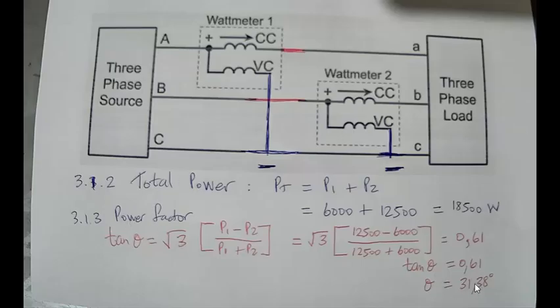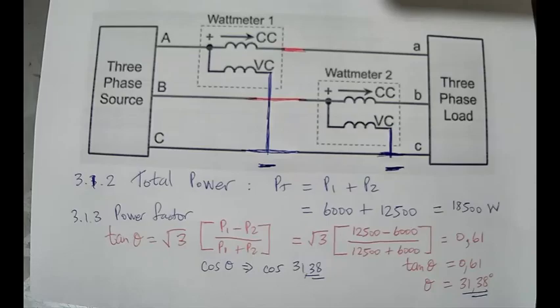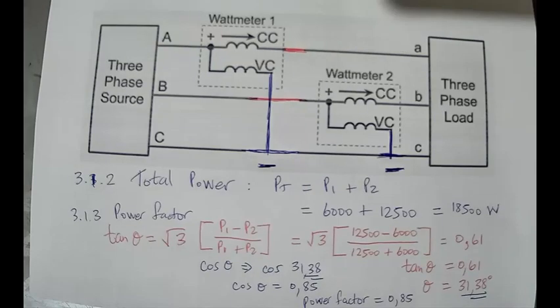This is theta. This is the phase angle. So we have to substitute into the formula. Cos theta is equal to, so cos of 31.38 degrees, we will get an answer there of cos theta equals 0.85. Remember that cos theta is the power factor. So the power factor is equal to 0.85.